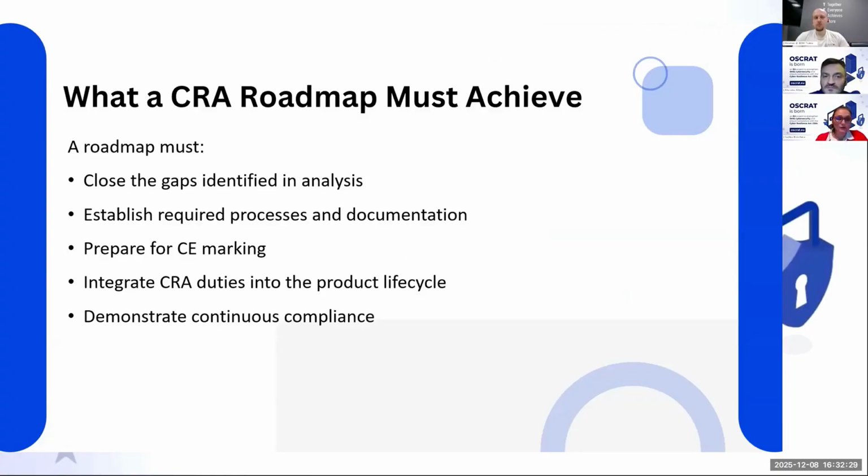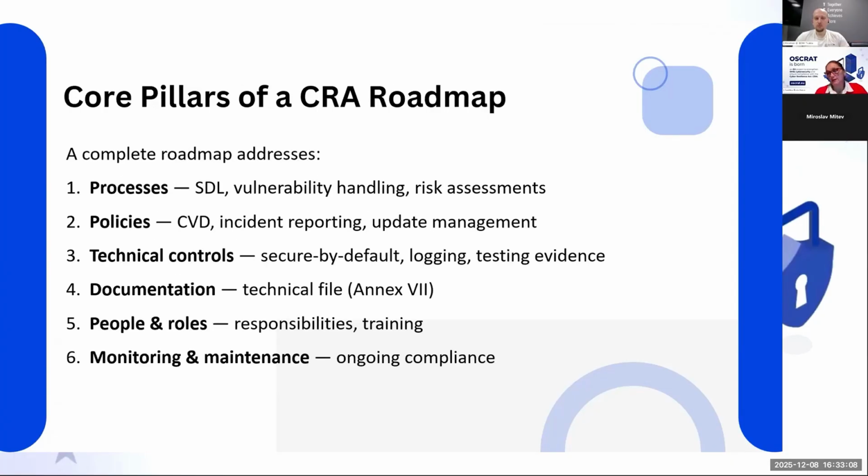A good roadmap must close the identified gaps, establish the required processes, and prepare the organization for the CE marking. It connects CRA obligations to your people, your processes, your products, and your timeline. Most importantly, it needs to integrate CRA obligations into the product life cycles, so that compliance becomes continuous, not a one-time exercise.